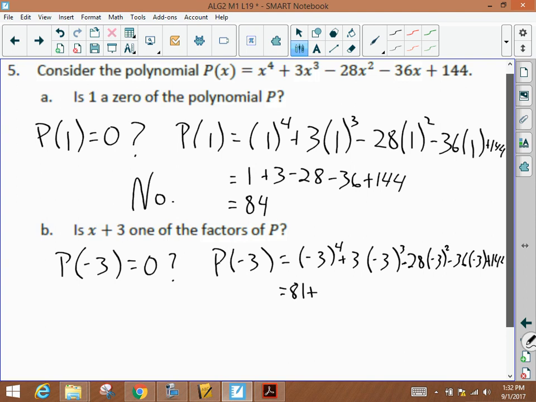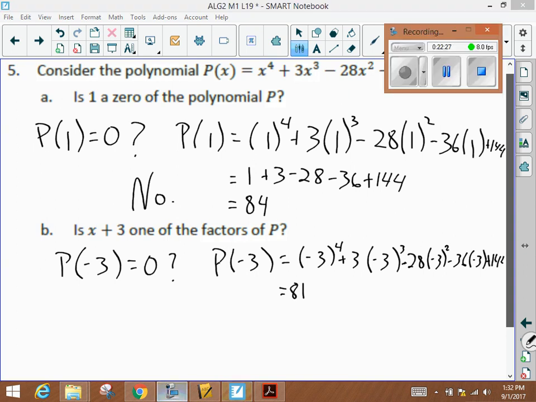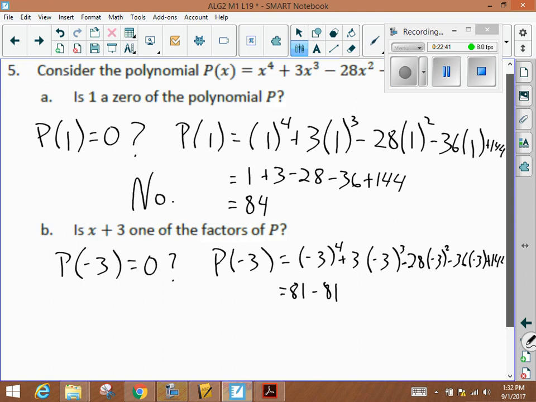So actually, this is going to be 3 times negative 27, or negative 81, right? And then negative 28 times 9.